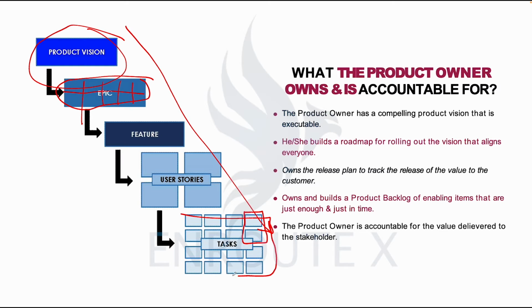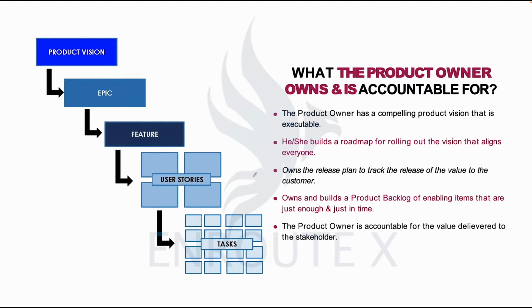All these tasks put together would form the product vision. These pieces of task, when completed, will translate to the product vision being achieved. And that is clearly how Scrum works.